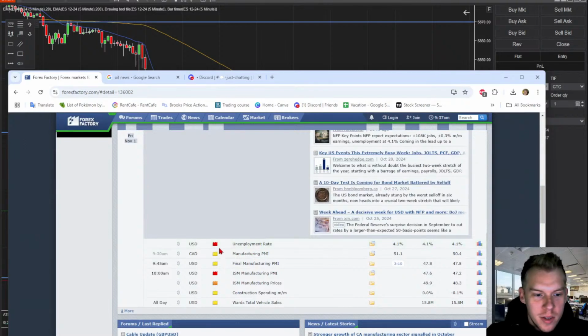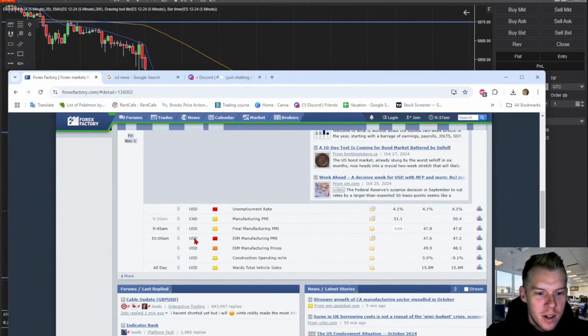So looking back at the news, 10 o'clock, the Manufacturing Purchasing Managers Index. Since this is a red flag event, we just want to make sure we're staying out of a trade at that time.